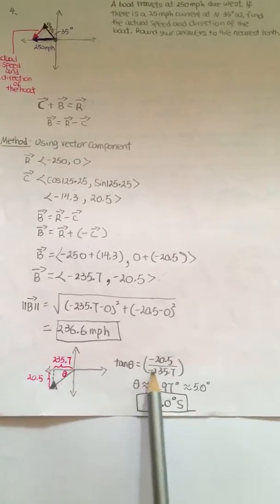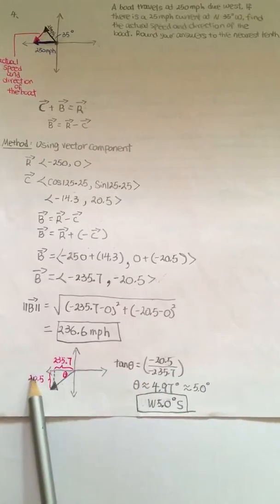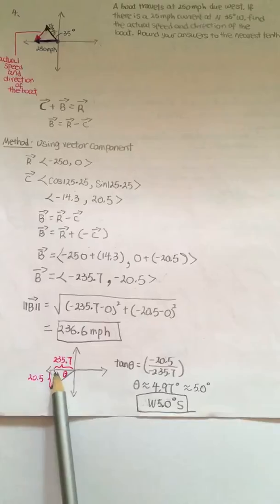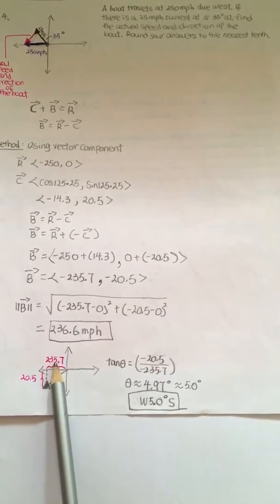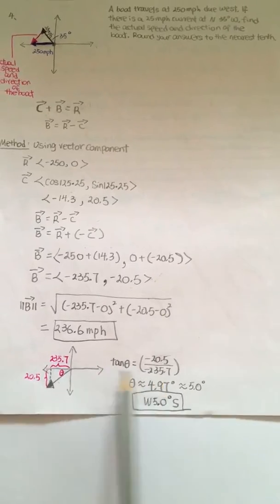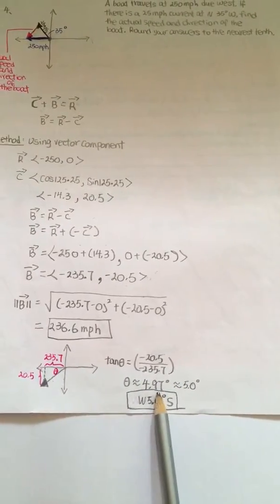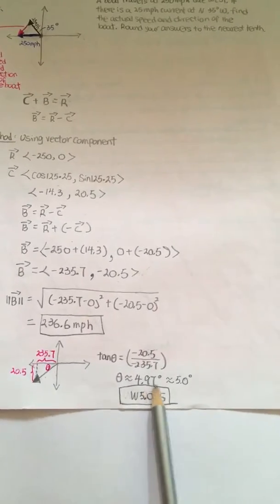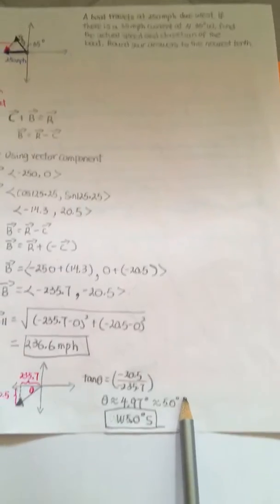I use tan theta. So tan theta is equal to negative 20.5 because it's going down, and then 235.7, it's going to be negative because it's going to the left. So for the angle, I have that it's around 4.97, and since I have to round all my answers to the nearest tenth, it's going to be 5.0.